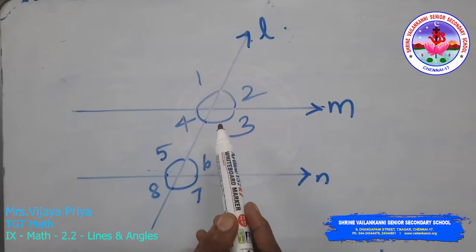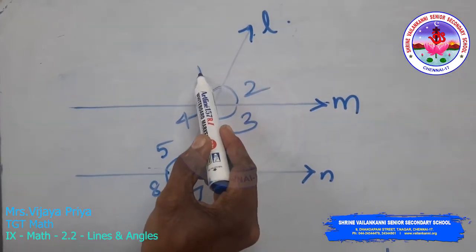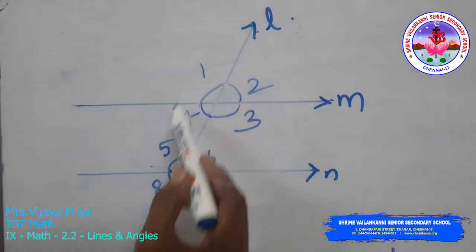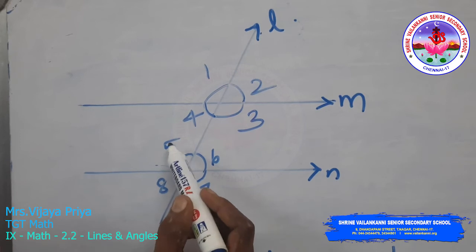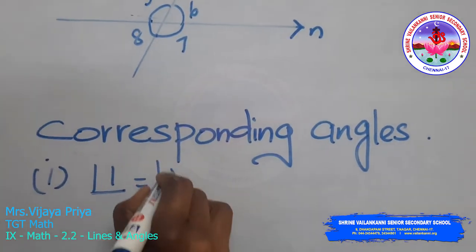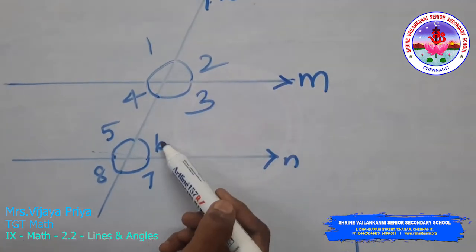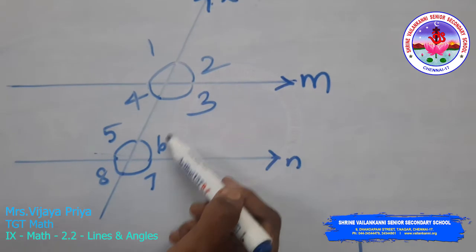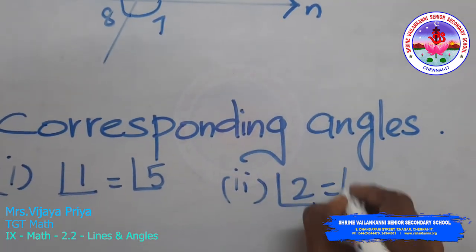So now I am going to pick up the pairs of corresponding angles. From this figure, angle 1 and angle 5 is one pair. So angle 1 is equal to angle 5 by the property. The second pair is angle 2 and angle 6, so angle 2 is equal to angle 6.